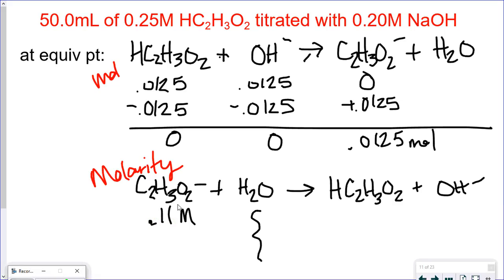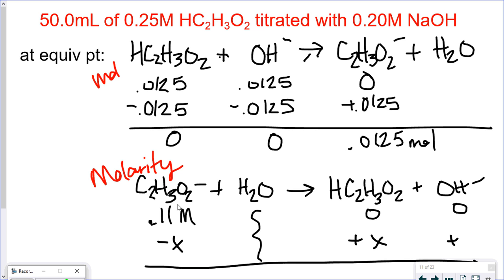Remember, water isn't included, and we have none of our parent acid or parent base initially at the equivalence point because it was all neutralized. Whenever this goes through hydrolysis, we'll end up subtracting some from our conjugate base, and that will end up adding and producing some of the products of that reverse reaction.